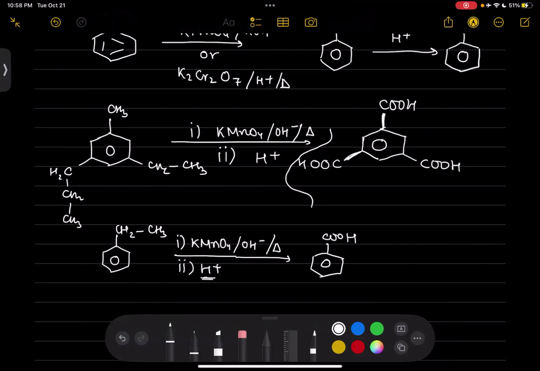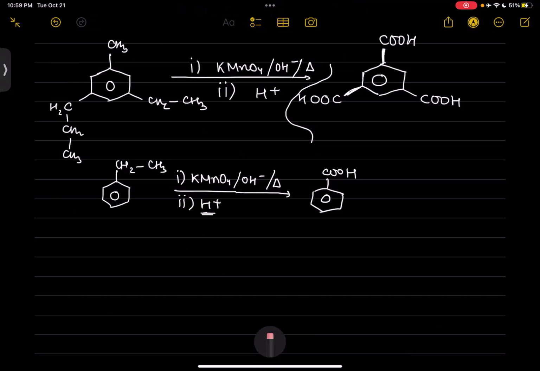And if you take acidified potassium dichromate, then you don't have to mention H plus because the conditions are already acidic. After oxidation, you will end up with carboxylic acid. Getting my point or not?